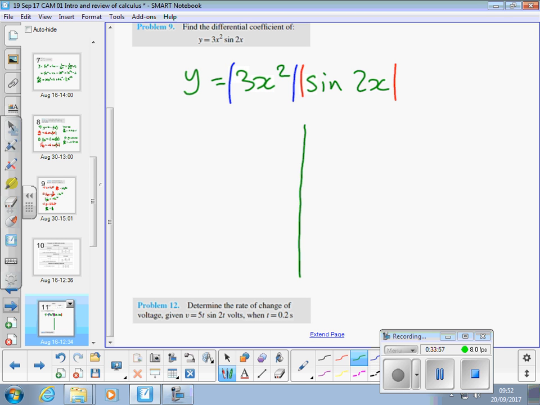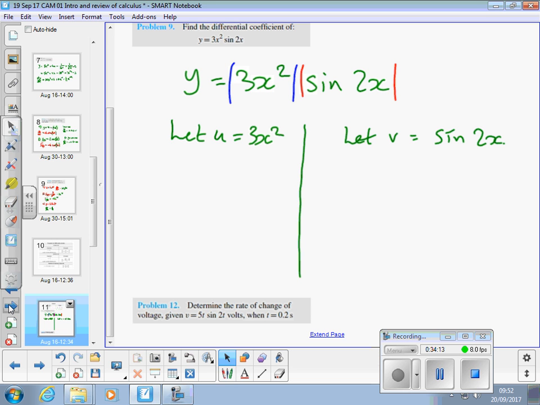So we let u equal 3x squared, and we let v equal sine 2x. For multiplication, it doesn't really matter which way round you put them, but for the quotient it does. So probably best to go in that order, u and v.